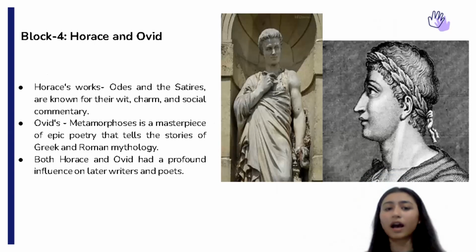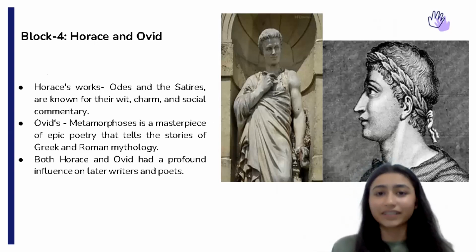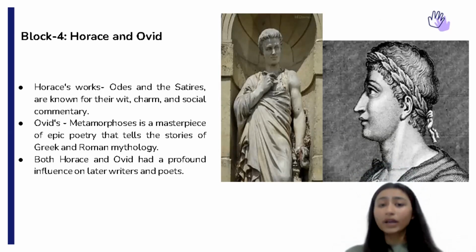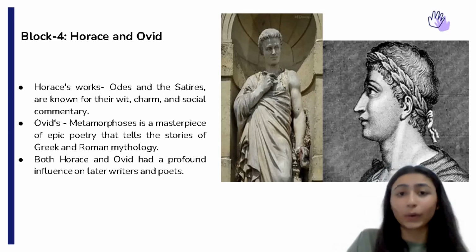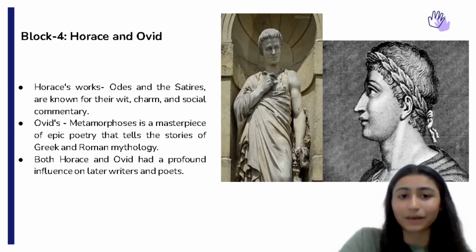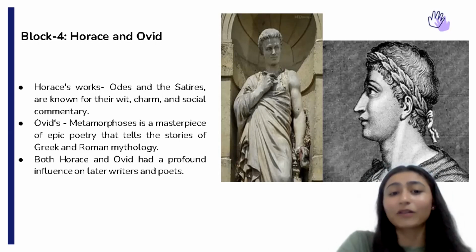Our last block is all about Horace and Ovid. You must have heard these great names when we talk about European classical literature. Horace is known for his odes, the Horatian odes, and his satires, and his writings are characterized by charm, social commentary, and wit. When we talk about Ovid, we'll talk about the Metamorphoses.